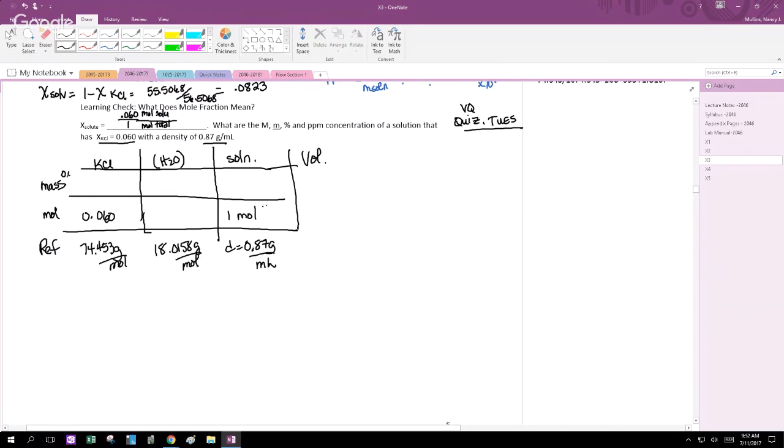I have 0.06 moles, and I know that for every mole, the mass is 74.453. Okay, 4.4672 grams.